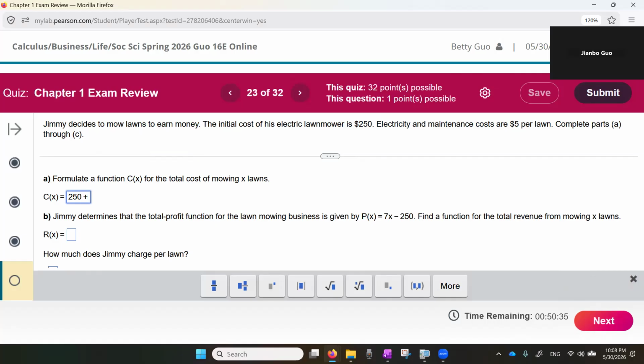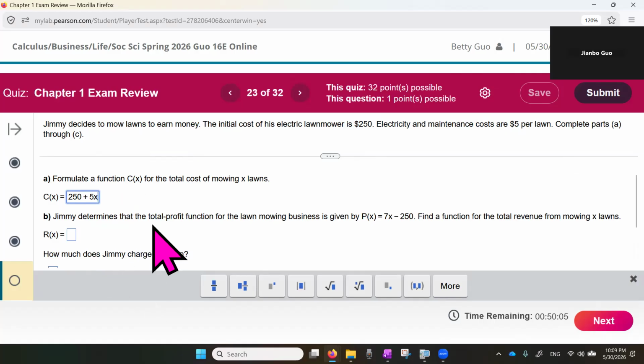So plus $5 per lawn. So 5 is the rate of change, 5x. Okay, 250 plus 5x. Well, if you enter 5x plus 250, I don't see the difference. Should be the same. 250 is the initial cost, 5 is the rate of change, the cost per lawn. x is the number of lawns, so 5x.